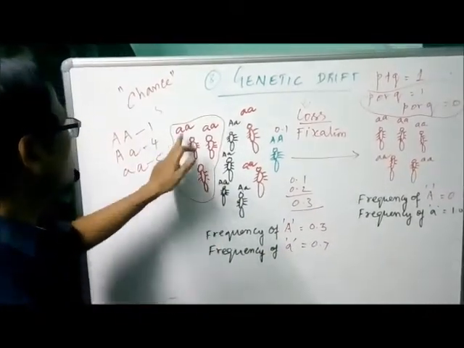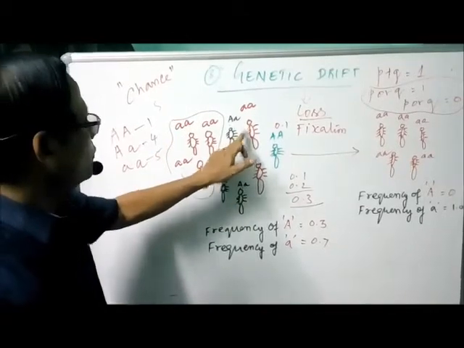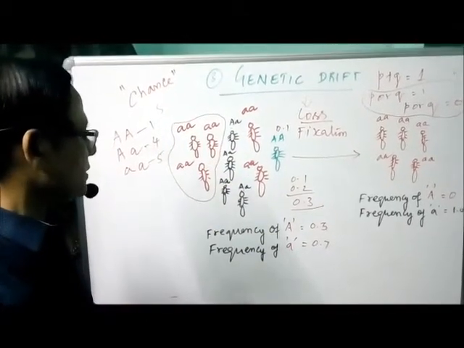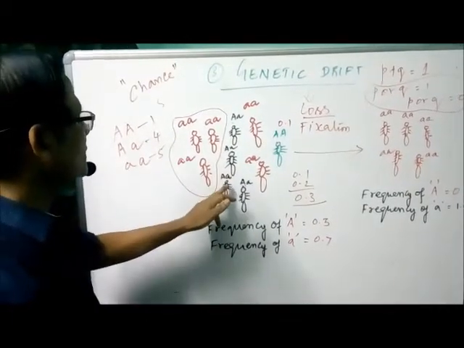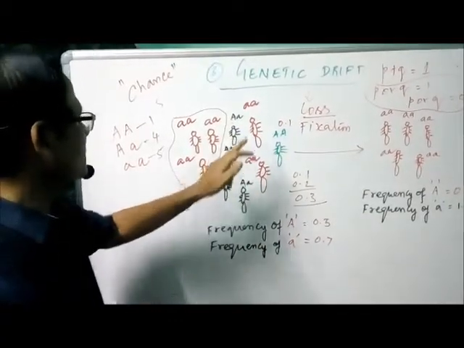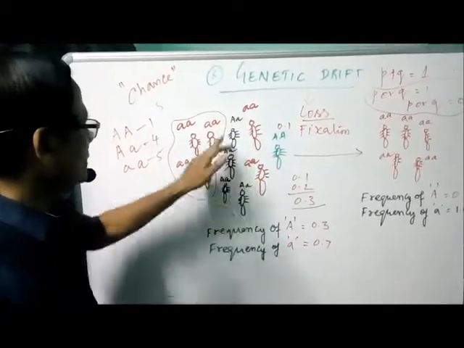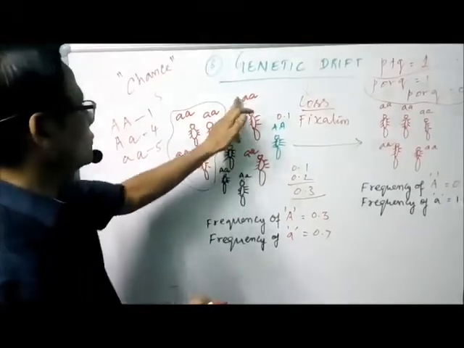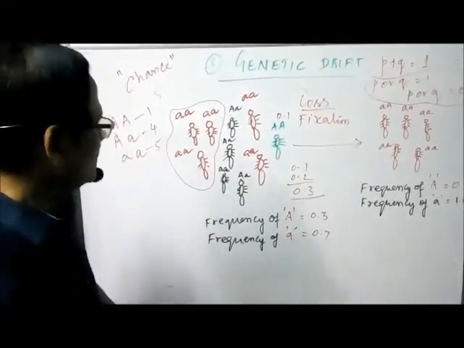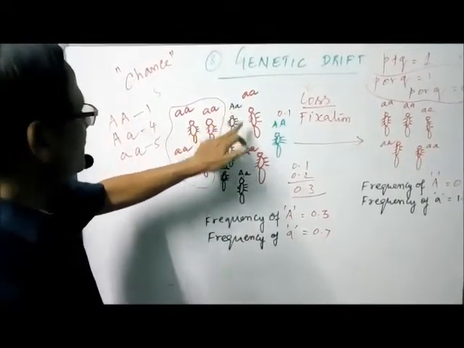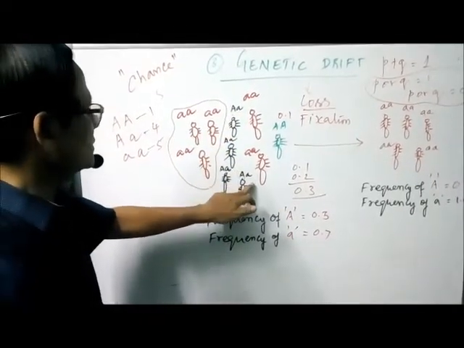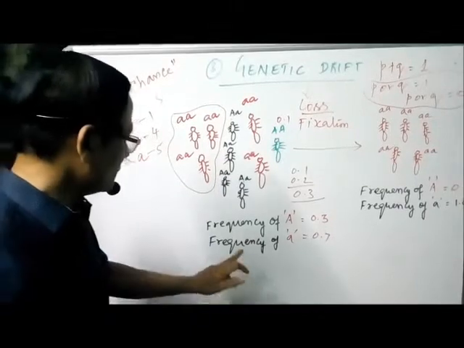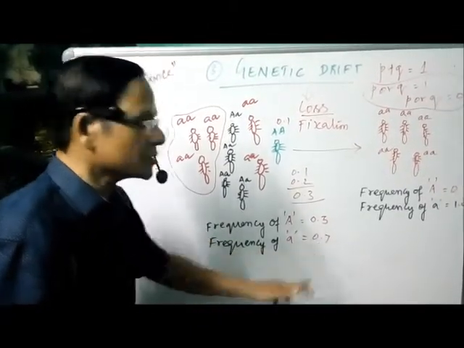Here we count 1, 2, 3, 4, 5 genes, and the remaining we take 50% each. So 0.5, and the frequency of a is equal to 0.7.